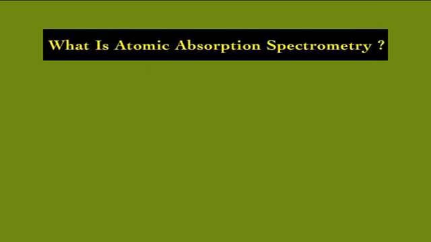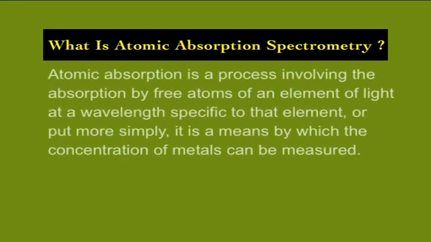So, what is atomic absorption spectrometry? Atomic absorption is a process involving the absorption by free atoms of an element of light at a wavelength specific to that element, or put more simply, it is a means by which the concentration of metals can be measured.